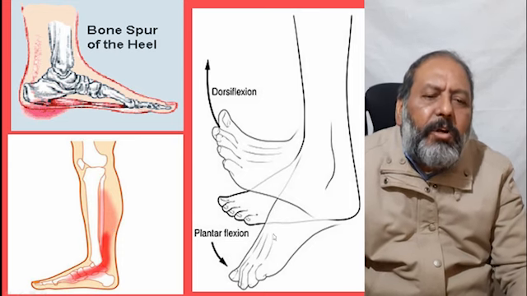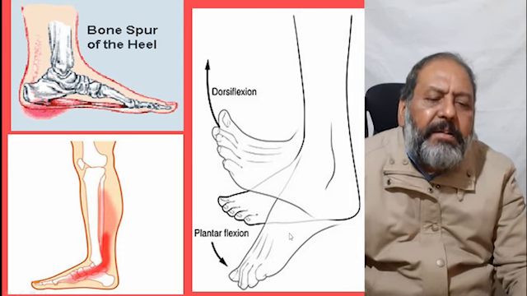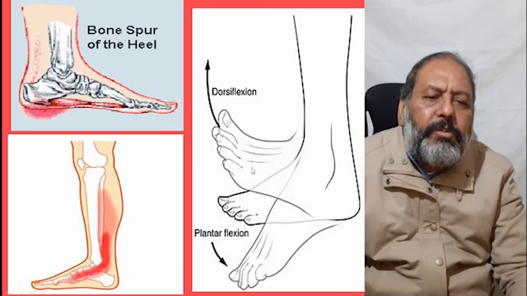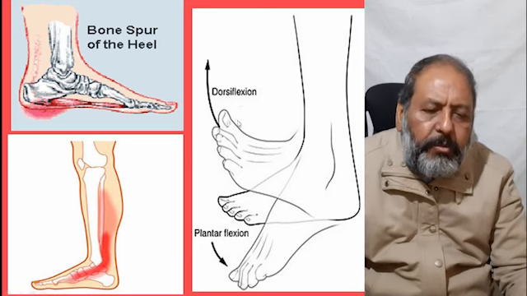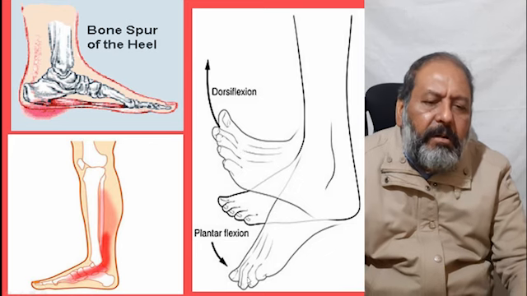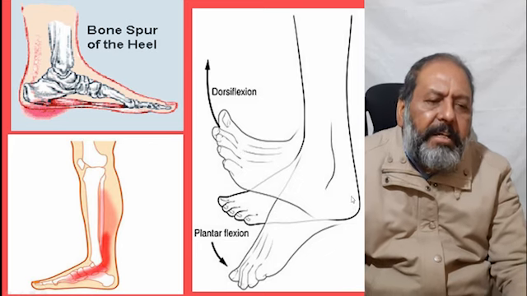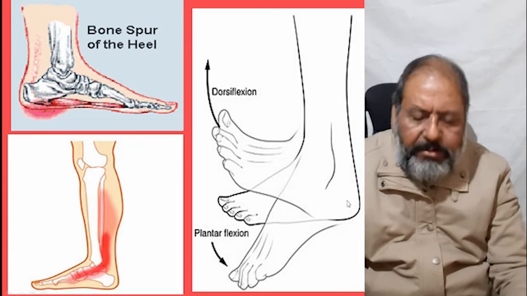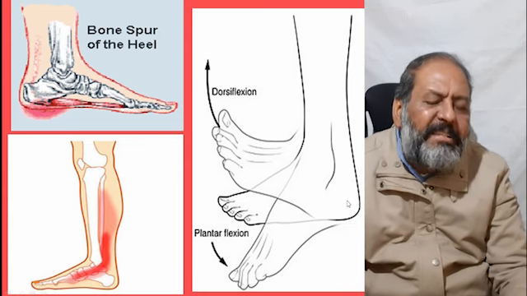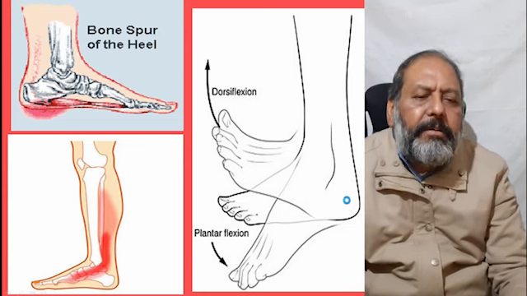Dorsiflexion and plantar flexion also cause pain, because if you do extreme dorsiflexion or plantar flexion, it puts stress on the heel bone, and the heel spur will be injured and it can lead to pain.